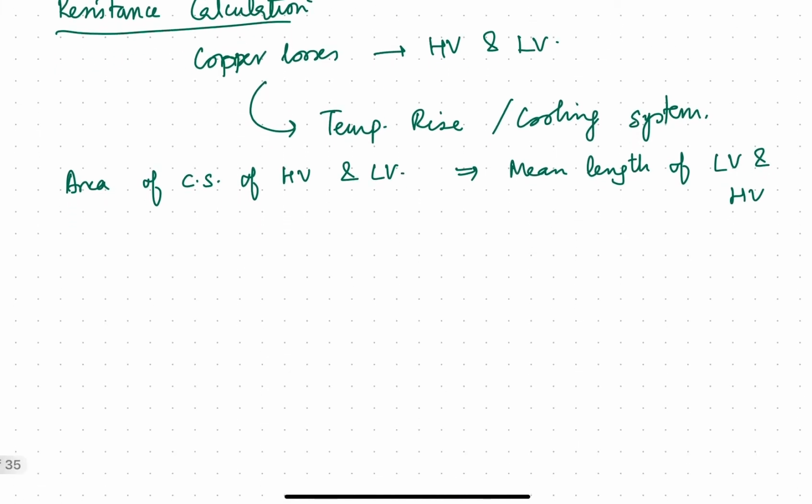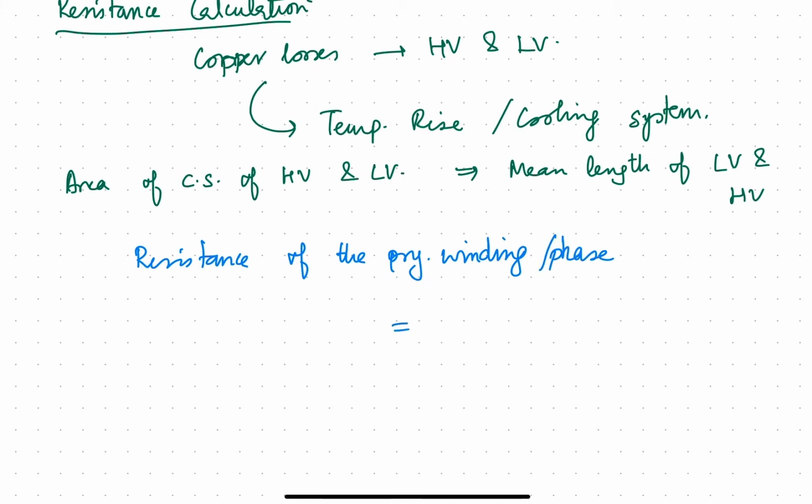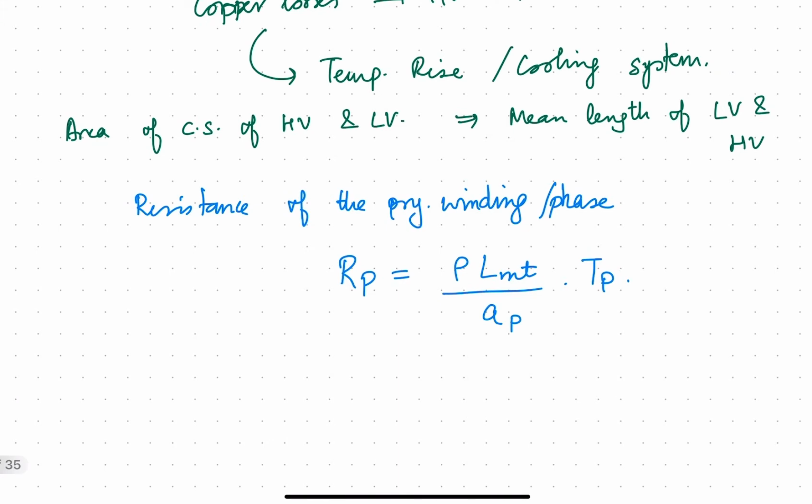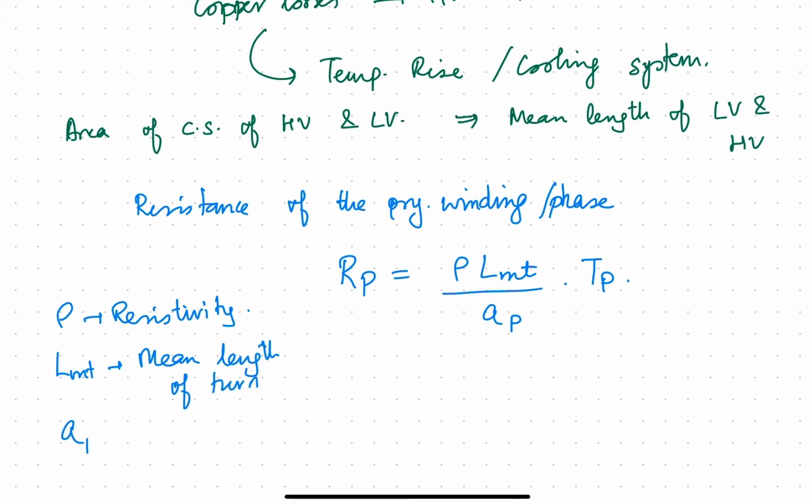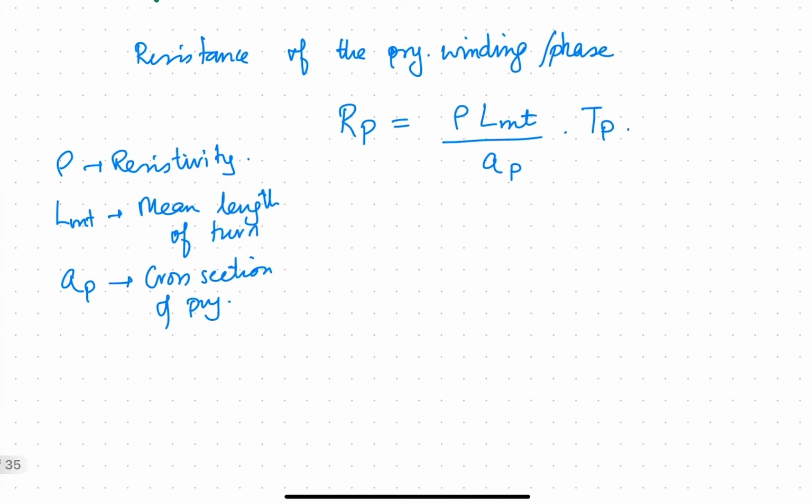If we go to the definition of resistance, the resistance of the primary winding per phase is equal to rho LMT by AP into TP, where rho is the resistivity, LMT is the mean length of turn, AP is the cross section of the primary conductor, and TP is the number of turns.